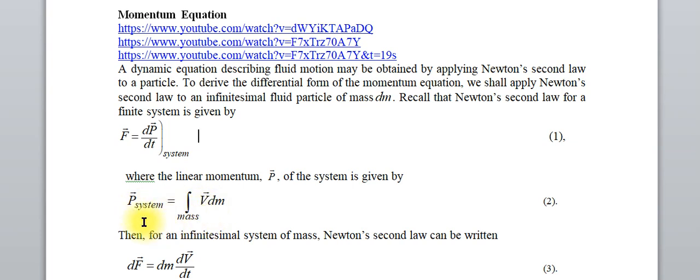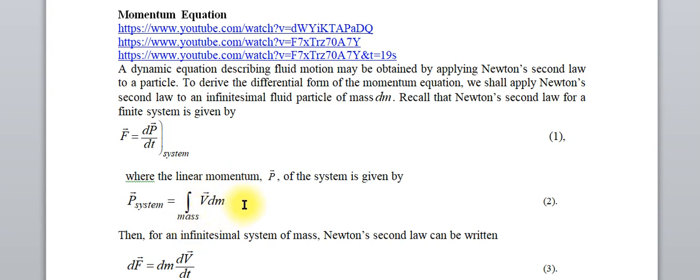Now you can see the volume, the P system, and how to change this to the mass. So it becomes rho dV. So what is dm actually? Mass, which is equal to rho dV.